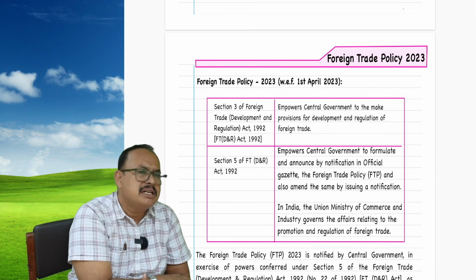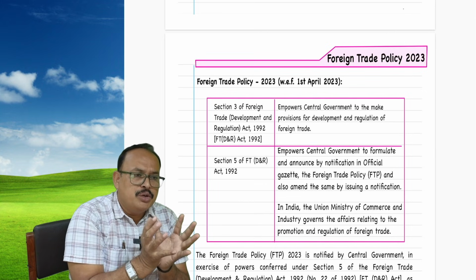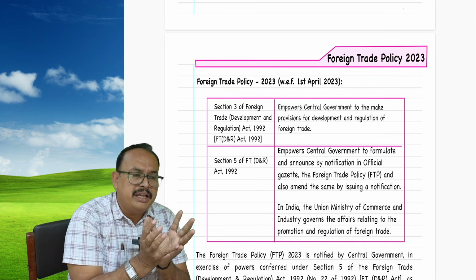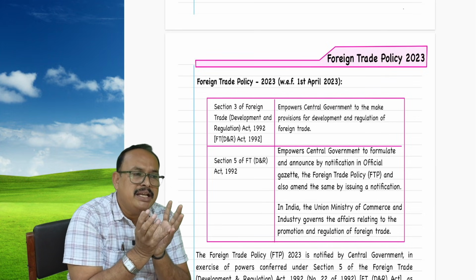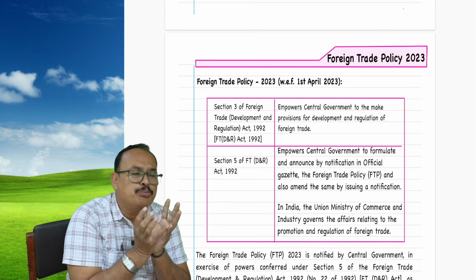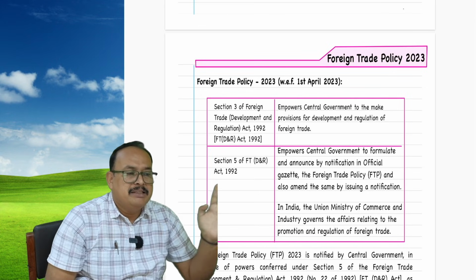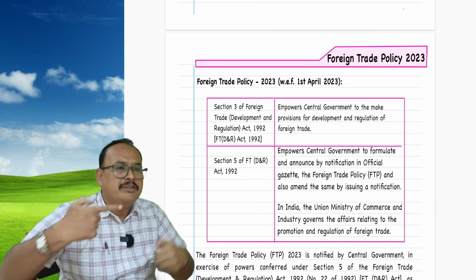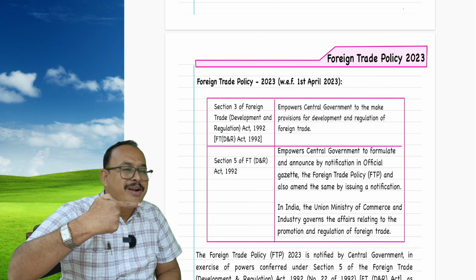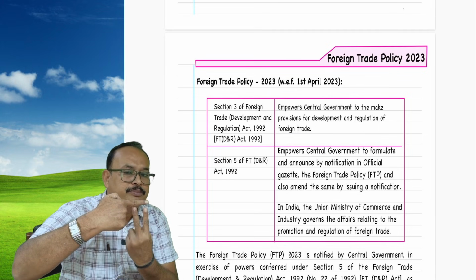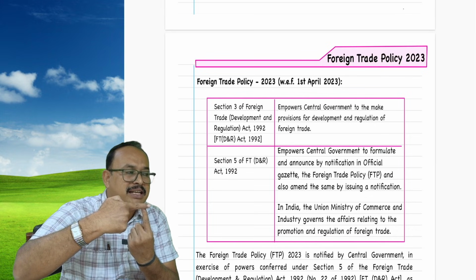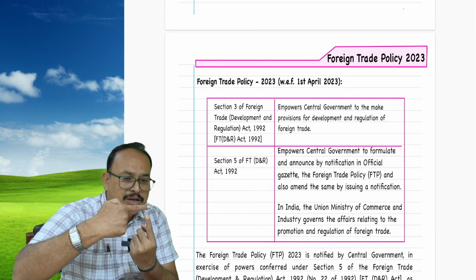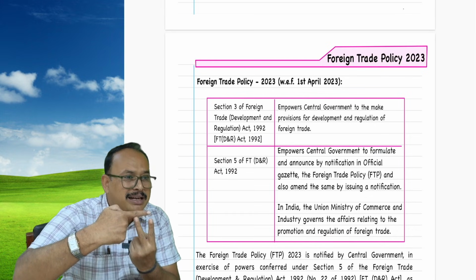A quick recapitulation. I refer to you Foreign Trade Policy 2023, the export promotional schemes. They are the following schemes. One is duty exemption, which consists of two: advance authorization and duty free import authorization.